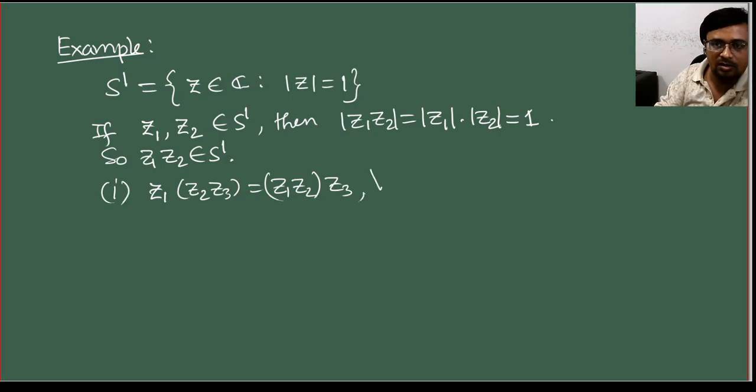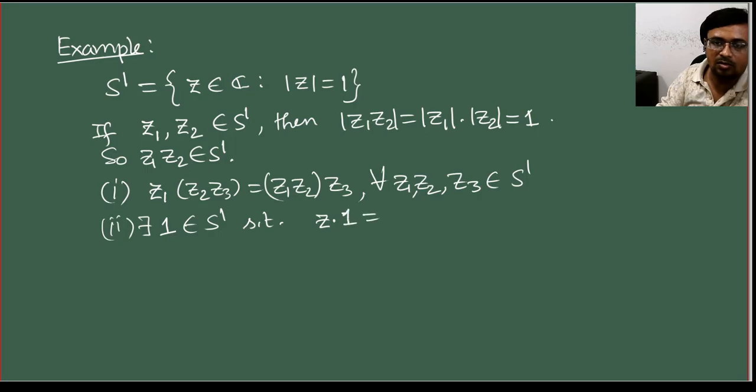Second, there is a special element 1 in S1 which satisfies the property that z times 1 equal to 1 times z equal to z for all z in S1.